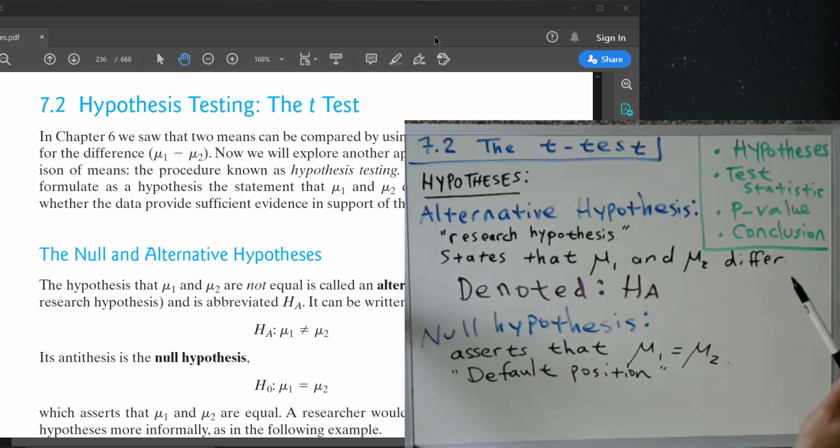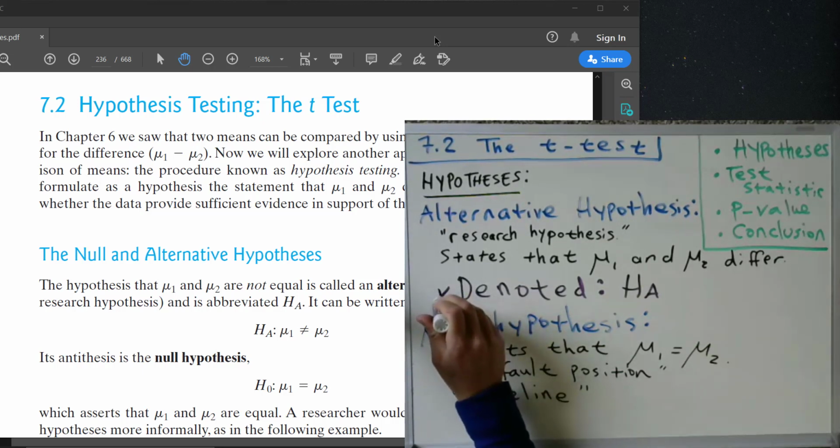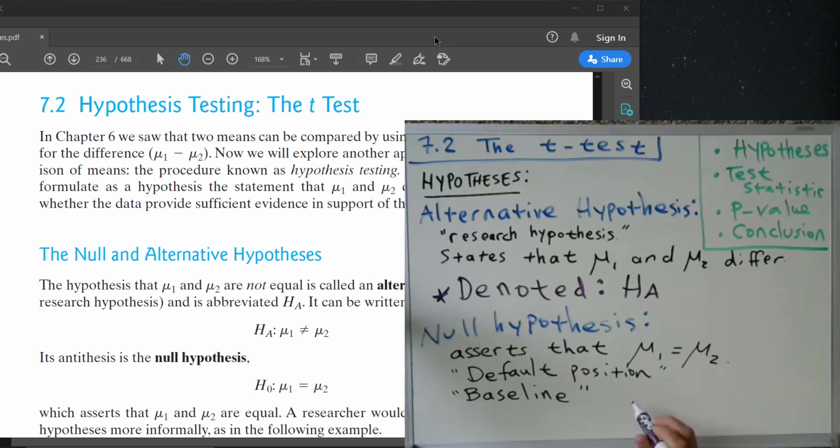In order to make some comparison to analyze if two population means are different, we need some sort of baseline, and that baseline is that they are the same. We refer to these hypotheses a lot. That's why we have abbreviations for them. The null hypothesis is often denoted H0.